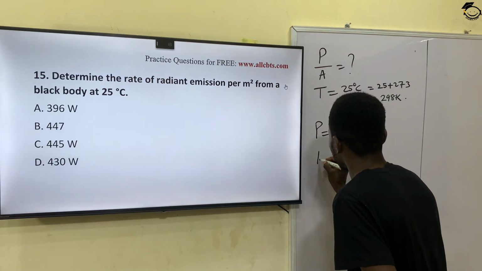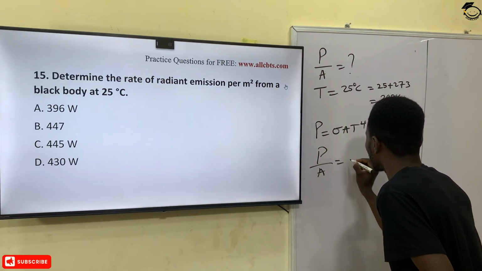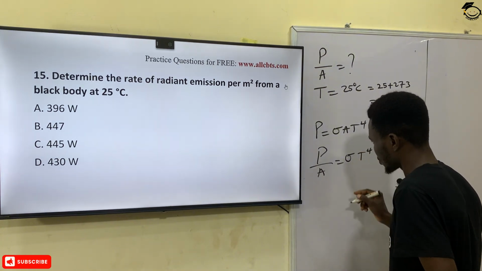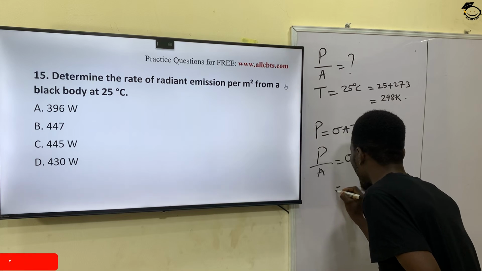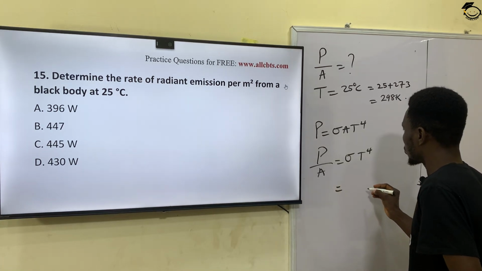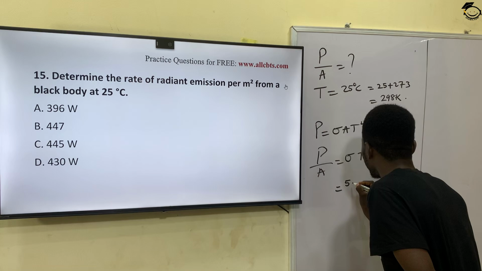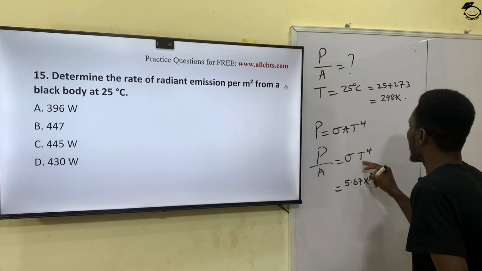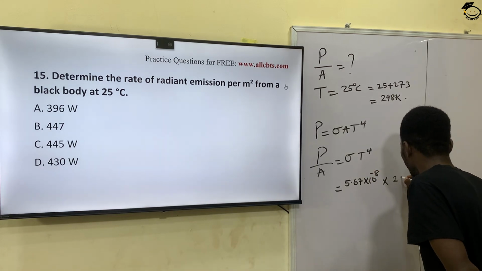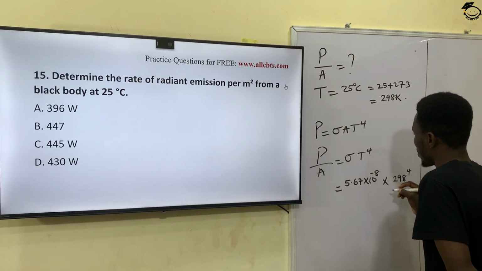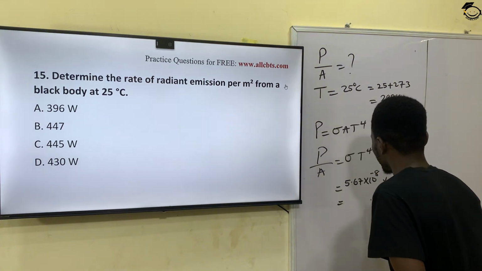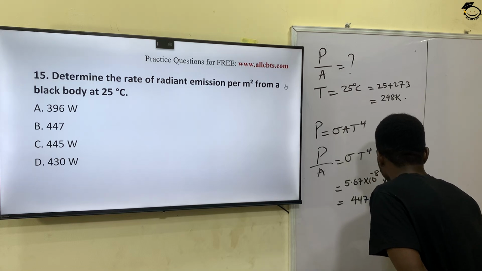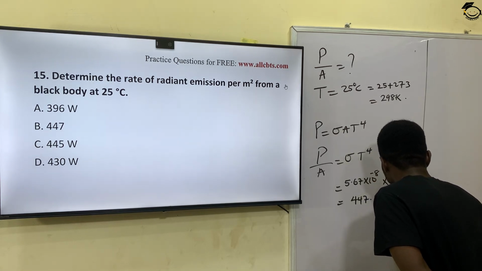This is the same as saying that power over area is equal to Stefan's constant times temperature raised to power 4, which means power over area will be equal to 5.67 times 10 raised to power minus 8 times my temperature here, which is 298 raised to power 4. So when you multiply these together, you are going to get 447.14 watts per meter square.